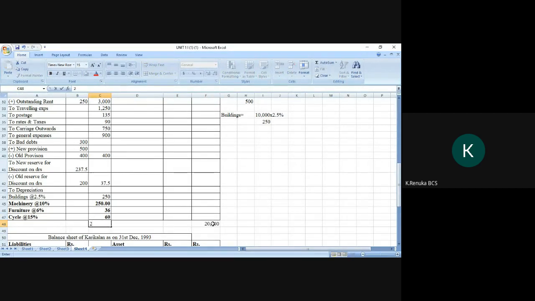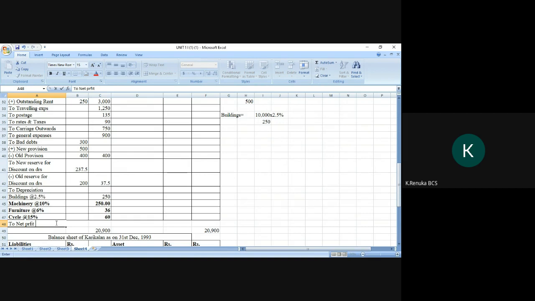So what you are going to do is tally the amount with the debit side. To net profit. By totaling all these outer column values, you need to reduce those values from the 20,900, that is with your gross profit.